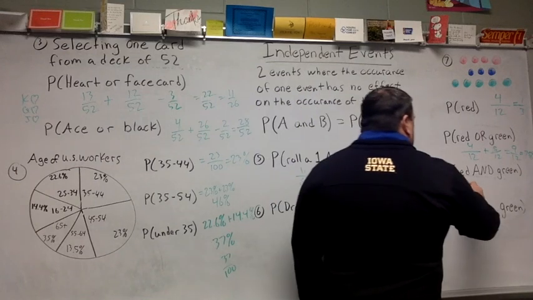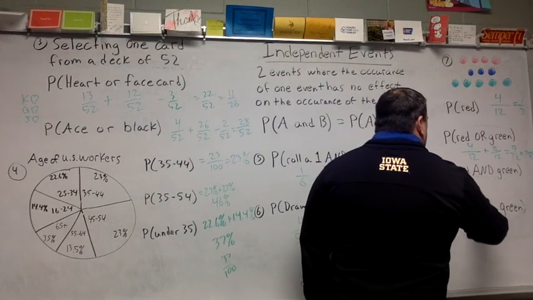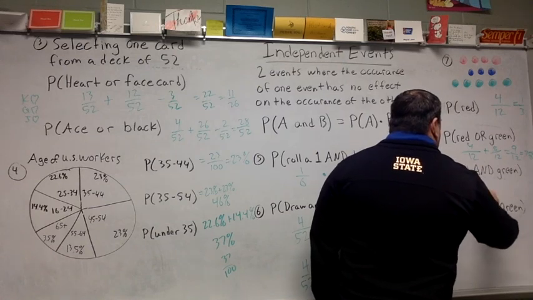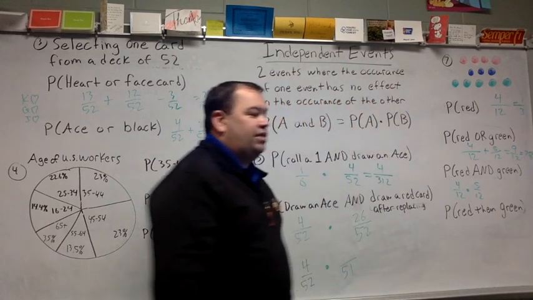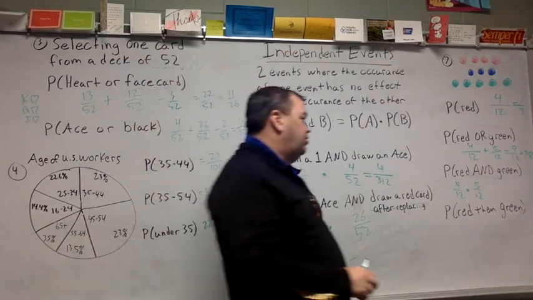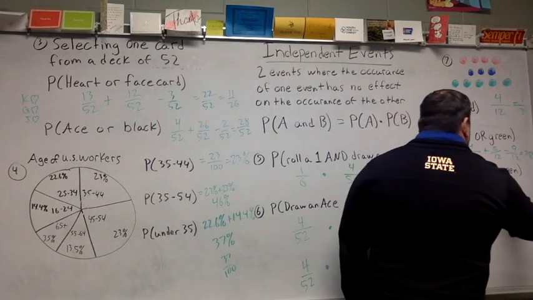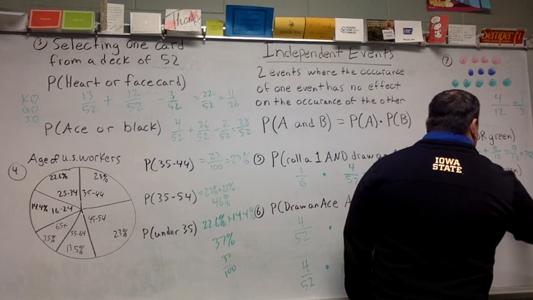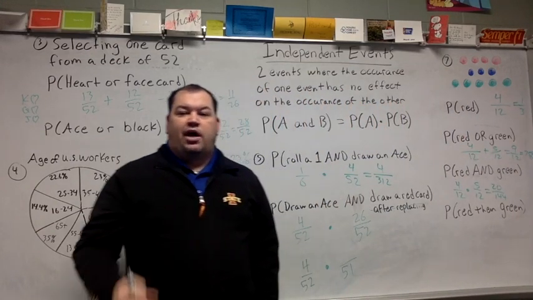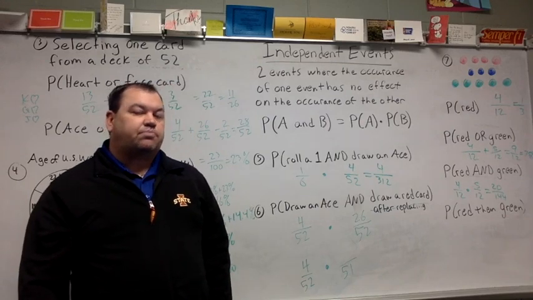We already talked about the red. There's 4 red out of 12. For the green, there's 5 out of 12. Since these have no effect on one another, they are 2 separate events, 2 separate draws. I multiply those 2 numbers. So I get 20 out of 144. And again, I can reduce that. I can turn it to a decimal. I can turn it to a percentage.